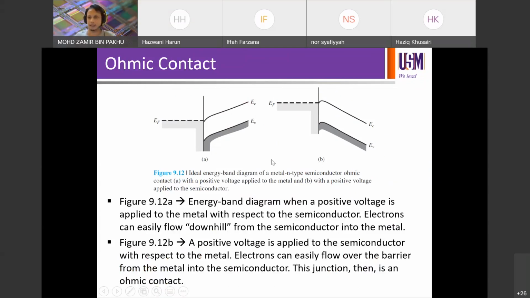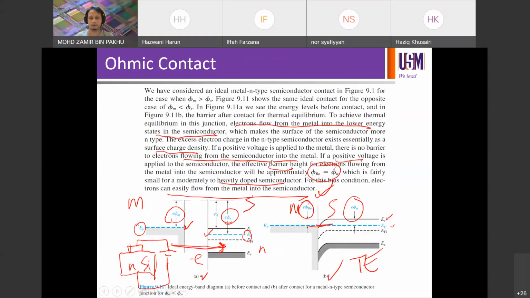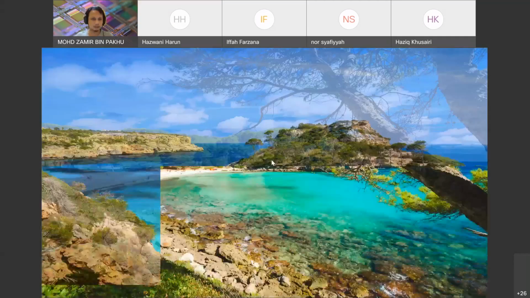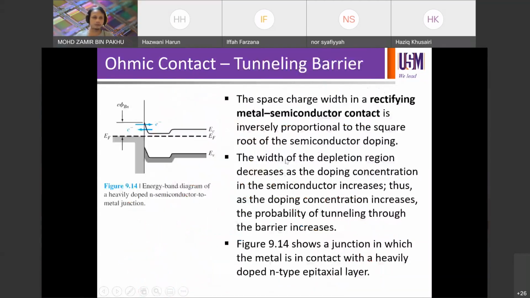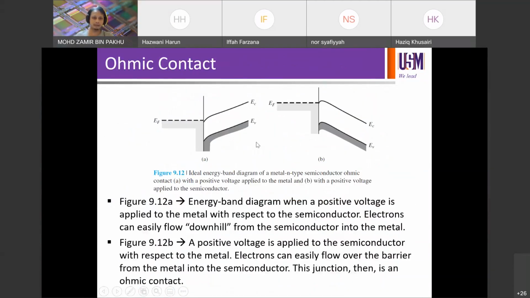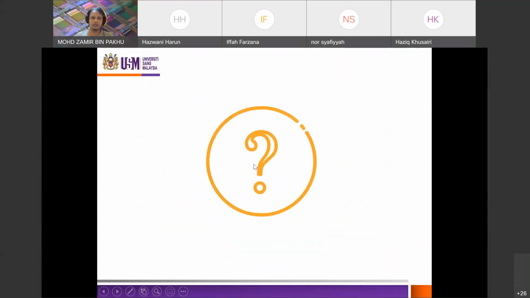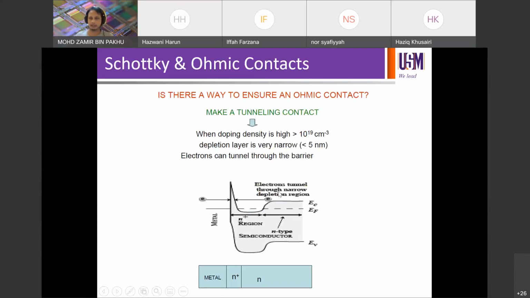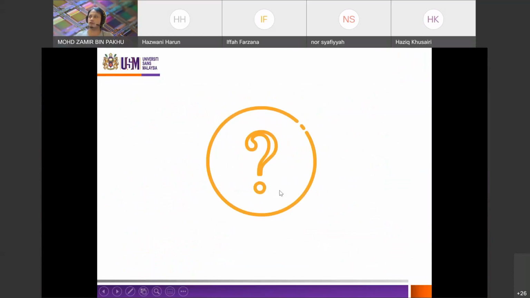I'm going to come back to this ohmic connection mechanism next week, and inshallah next week we're going to finish the rest of the metal semiconductor junction, and then we're going to talk a little bit about tunneling, and then move on to the semiconductor heterojunction. So we've been discussing the semiconductor homojunction, same material, same band gap.